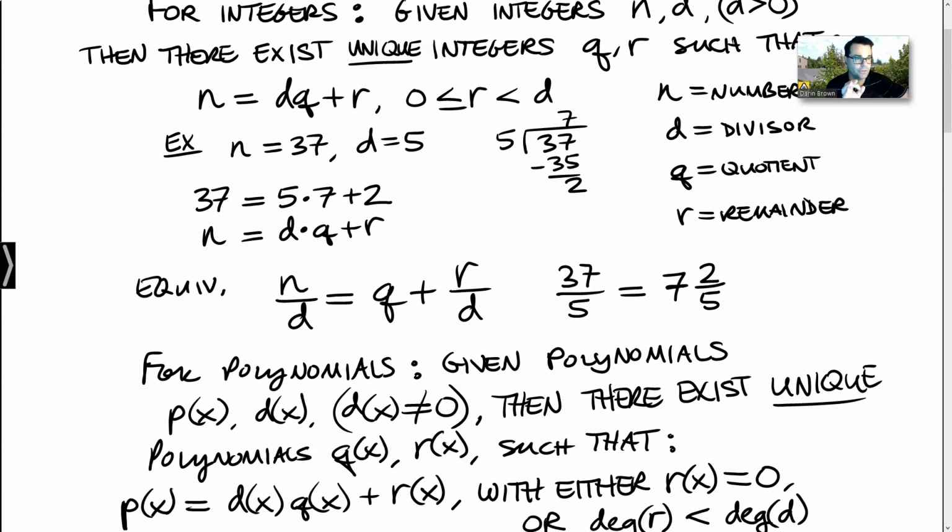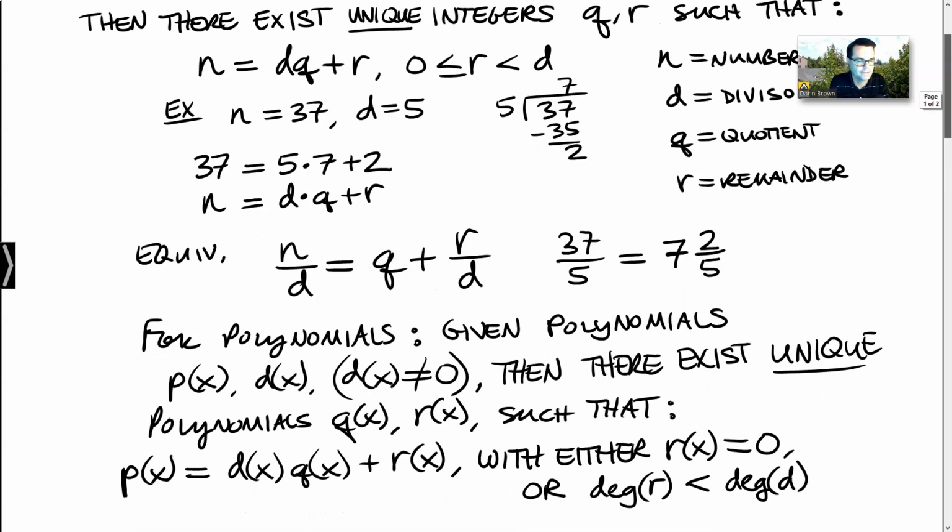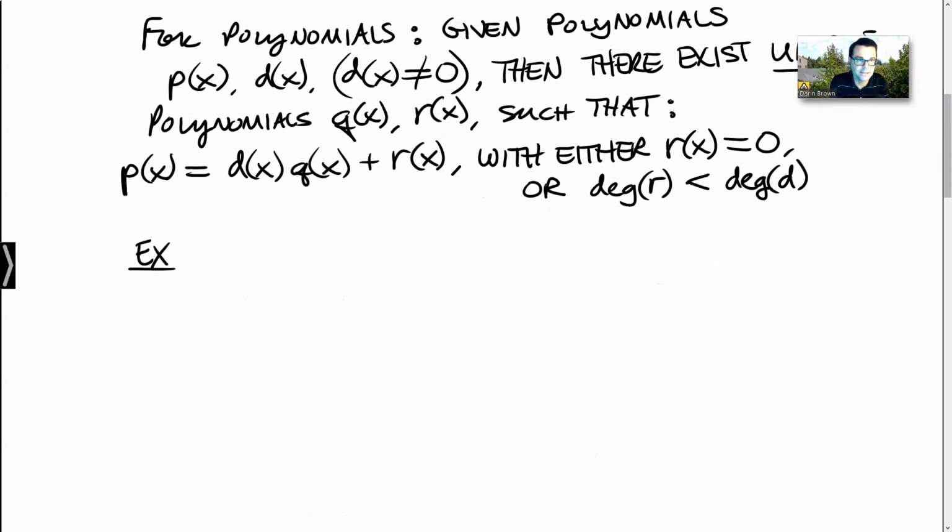So you multiply, subtract, you get a little remainder, and then you repeat the process. So you would bring down the next digit, find how many times it goes in, multiply, subtract, multiply, subtract. You know how to long divide, okay? So it's the same thing with polynomials. So let's go over an example.